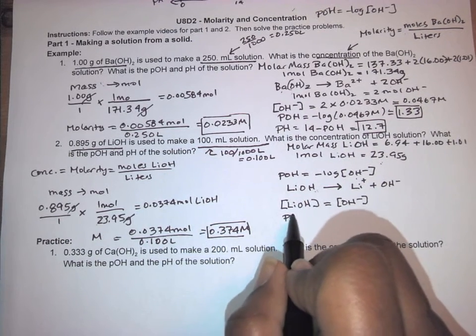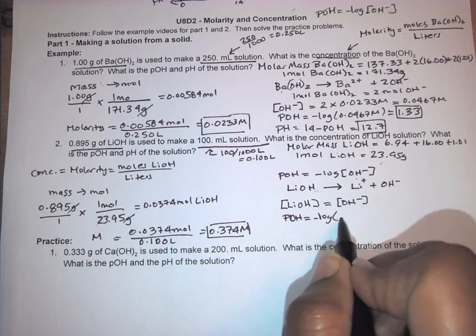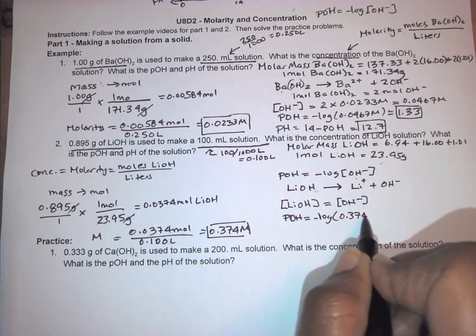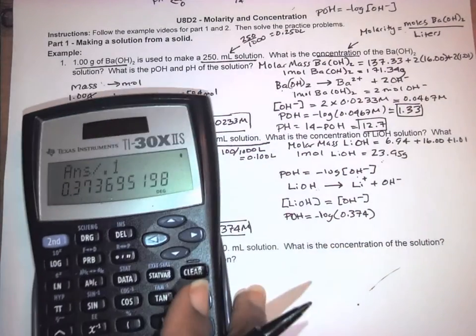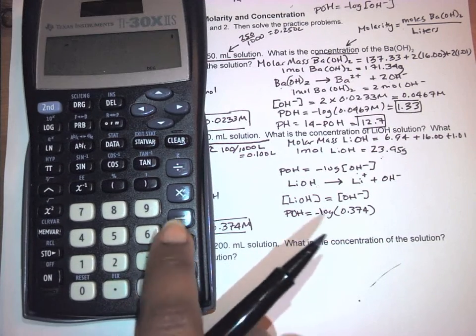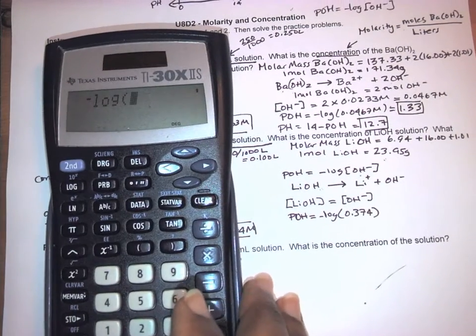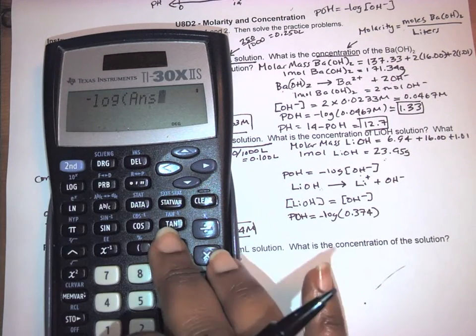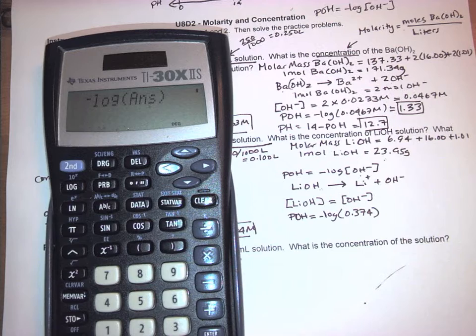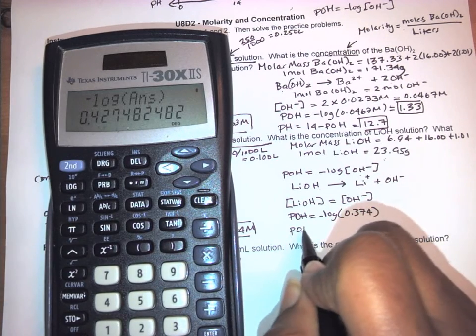So we can do pOH is equal to negative log of 0.374 molar. So again, we hit the negative button first, then we hit our log. Once we have that, my answer was saved from before, so I just did second answer. And then we get this as our pOH.